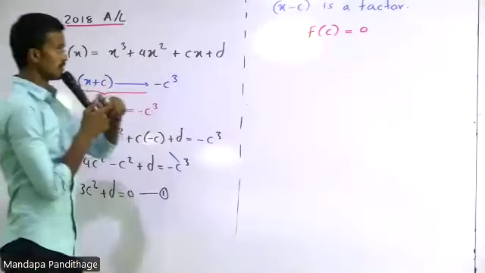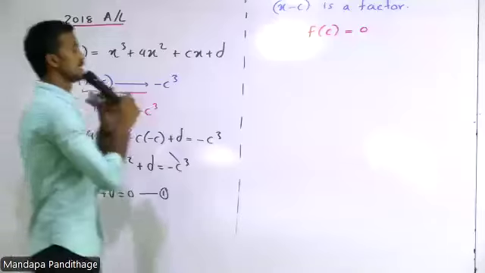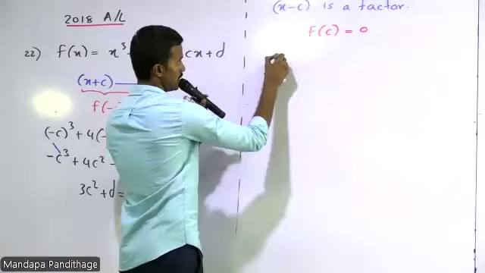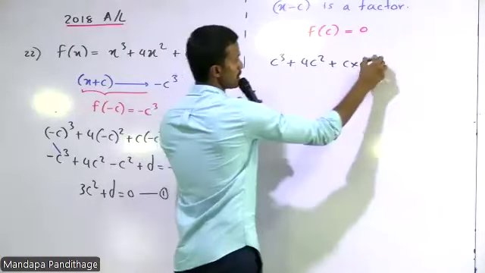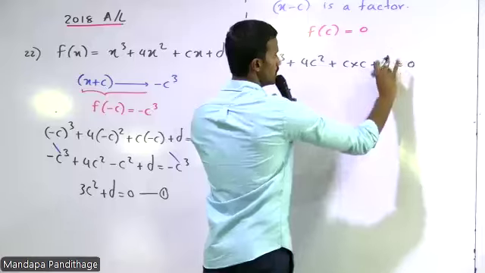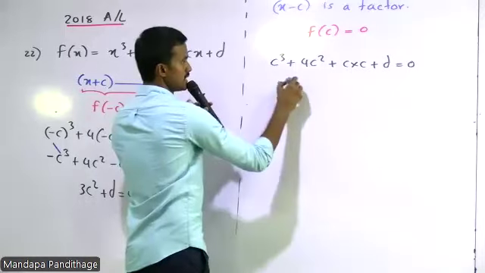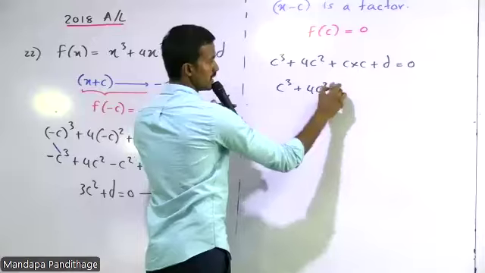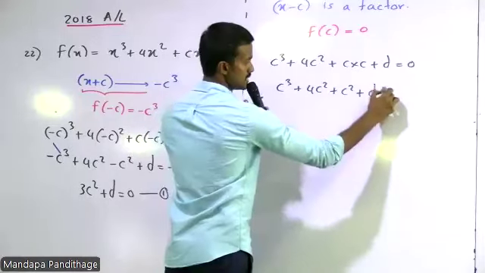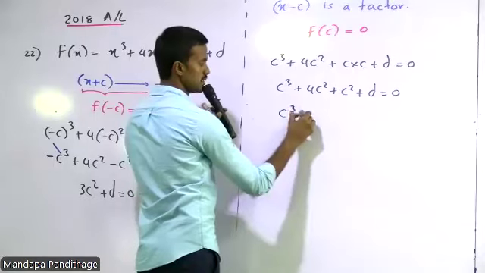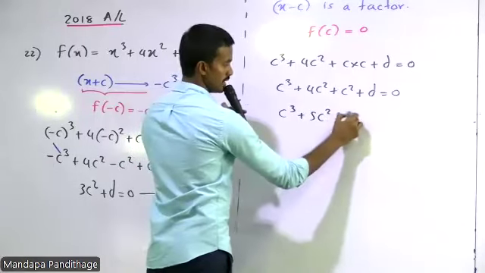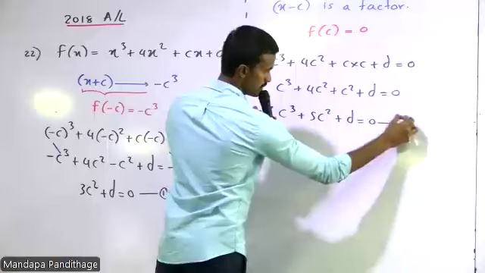You have to substitute. c cube plus 4c squared, c into c, plus d is equal to 0. Which means c cube plus 5c squared plus d is equal to 0.